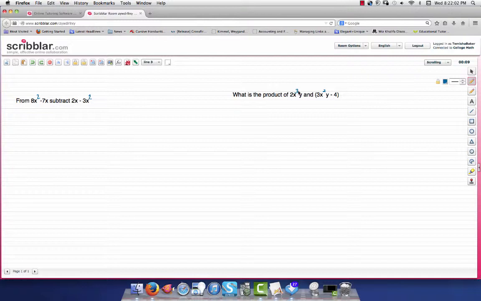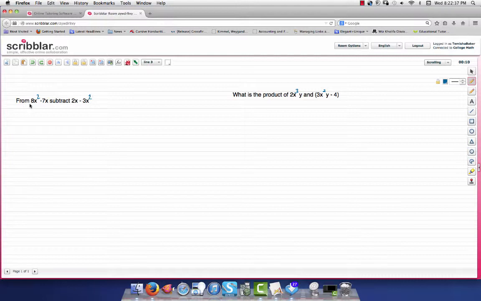Okay, now in order to subtract these, we have to know that variable terms can only be added to or subtracted from terms that have identical variables. So in this particular problem, we have our 8x squared, and this is 7x, and this is 2x, and this is 3x squared.